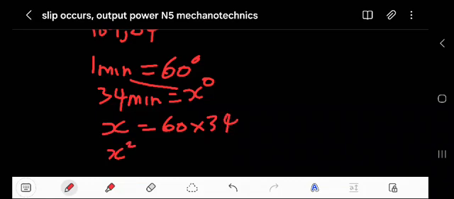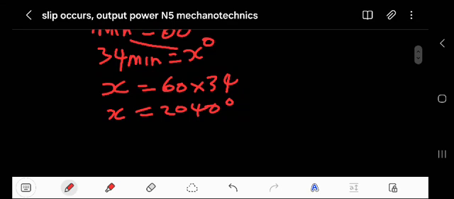This is simply 60 multiplied by 34, which is 2040. It is degrees, but we must convert this to radians again. So if I convert this degree to radians, it will equal what?